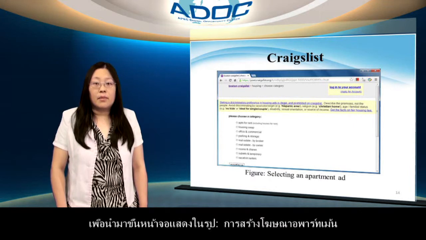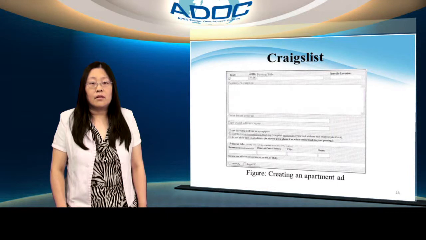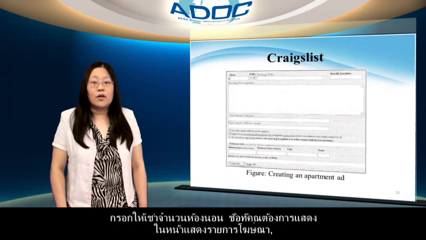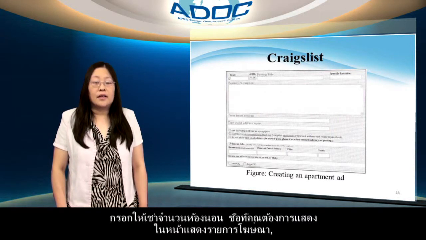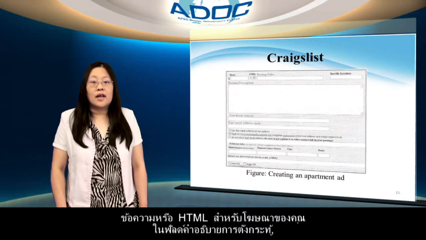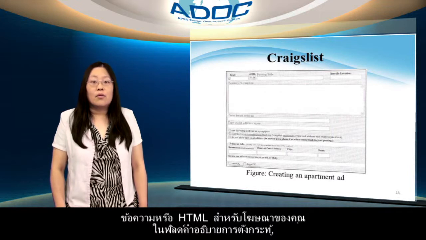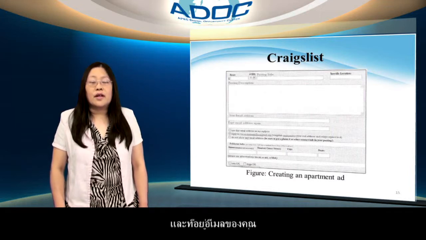This is where you create your ad. Fill in the rent, the number of bedrooms, the title you want displayed in the ad listing page, the text or HTML for your ad in the posting description field, and your email address.